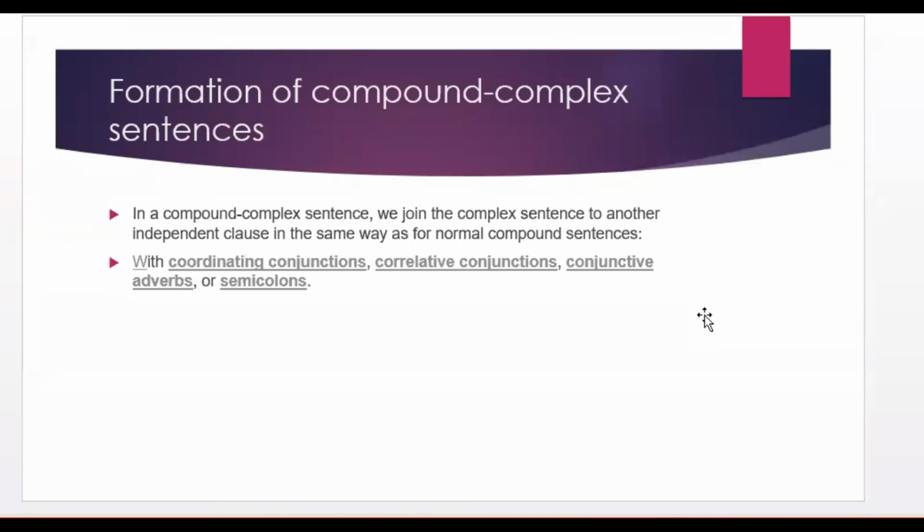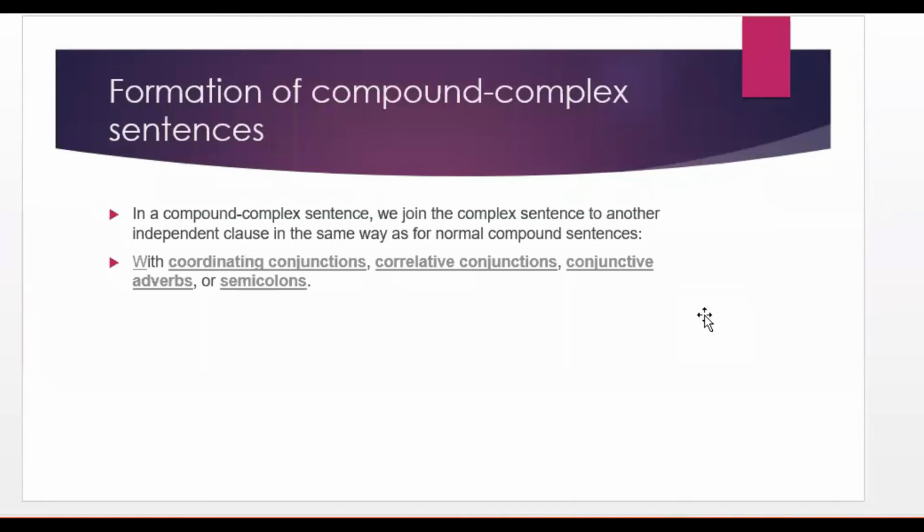In the example we had yesterday, we had "I was snippy with him because I was late for work." So that is our complex sentence. And what we will do to that is add an independent clause. And they say that we do it in the same way we would join compound sentences.